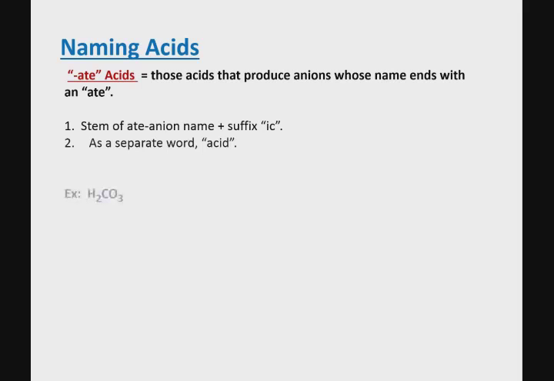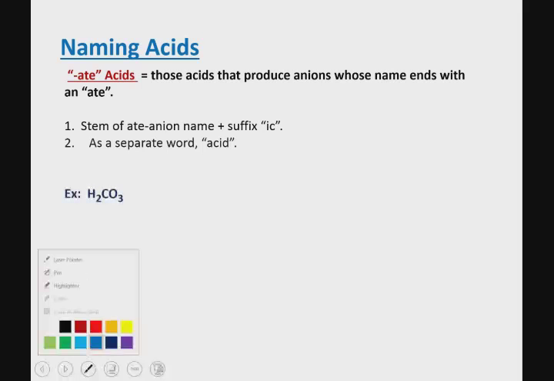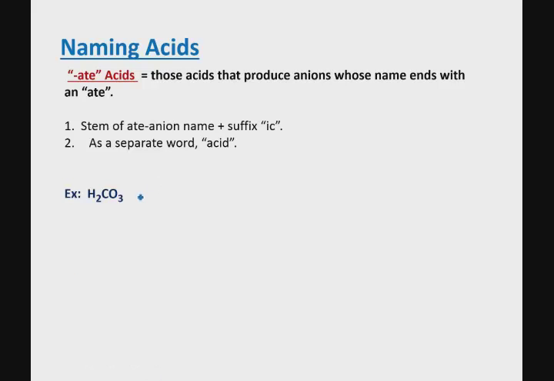Taking an example, H2CO3, please note this is a molecular compound because there are no cations in it, and since H is the first listed element there, it is an acid. When this acid dissolves in water, it produces 2 H plus ions per molecule of the compound and an anion, CO3 2 minus.